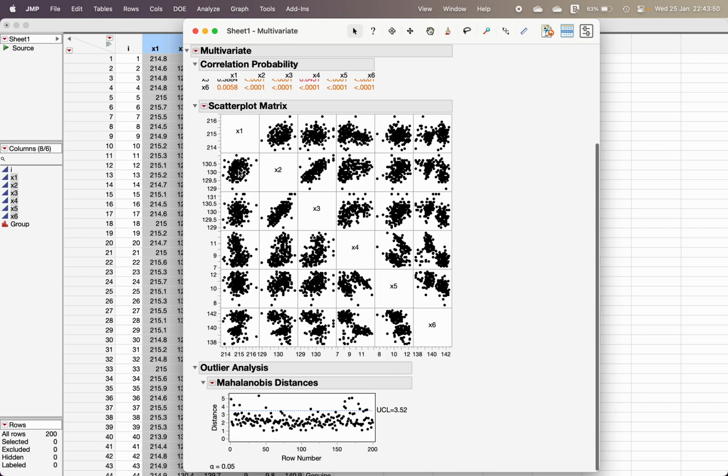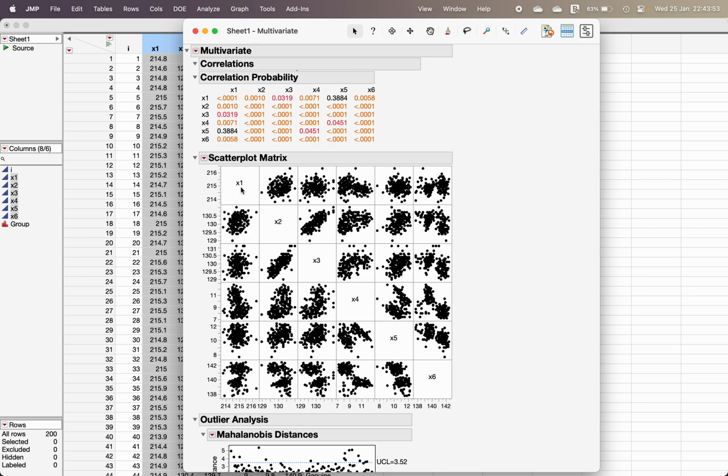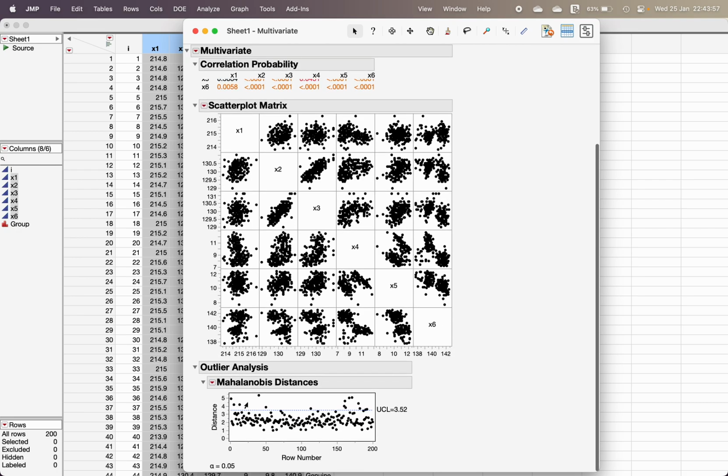In a univariate outlier analysis, one variable would be selected at a time and its outliers would be removed. But in a multivariate outlier analysis, all the variables are selected simultaneously, and through Mahalanobis distance, we see which data points are outliers in the given data set.